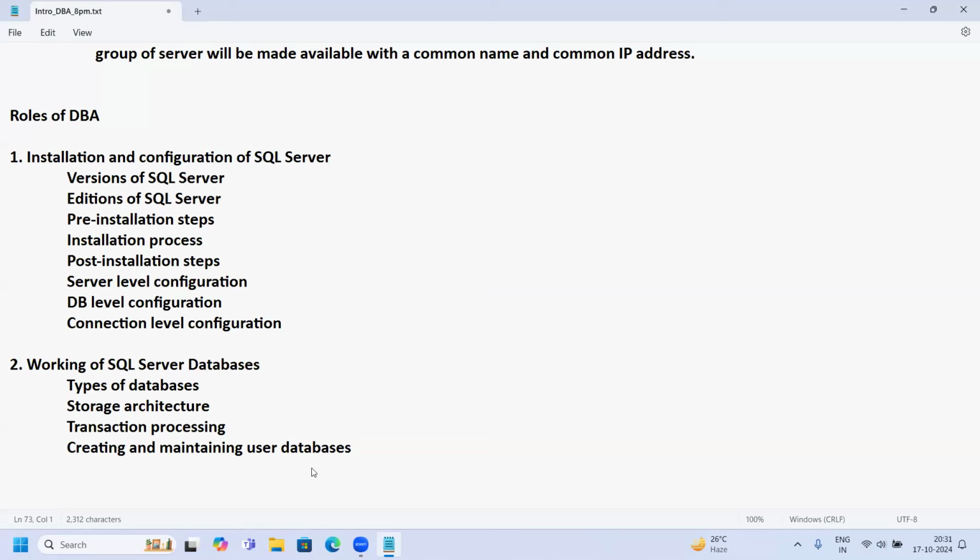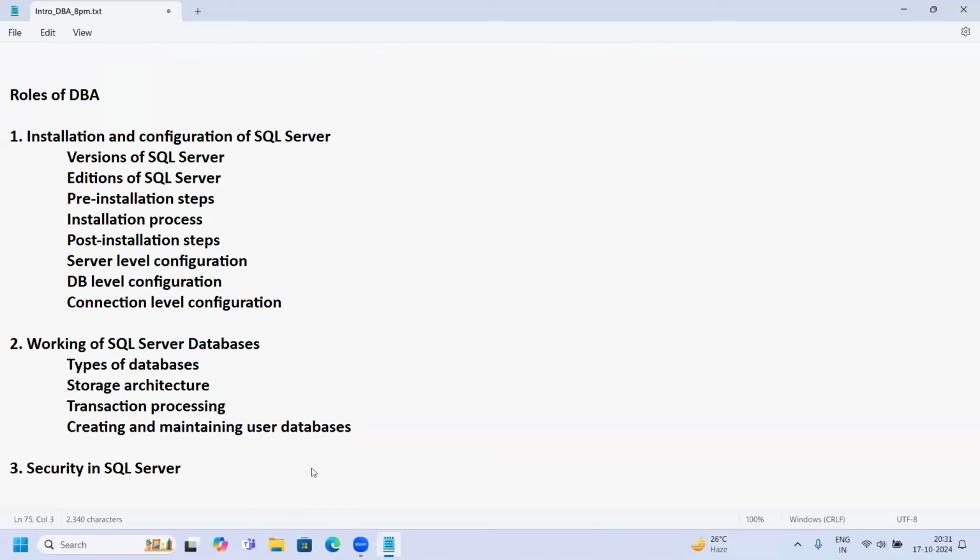Okay, right. Then I talk about the third module, that is called security in SQL Server. Major content that we should be aware of: security.